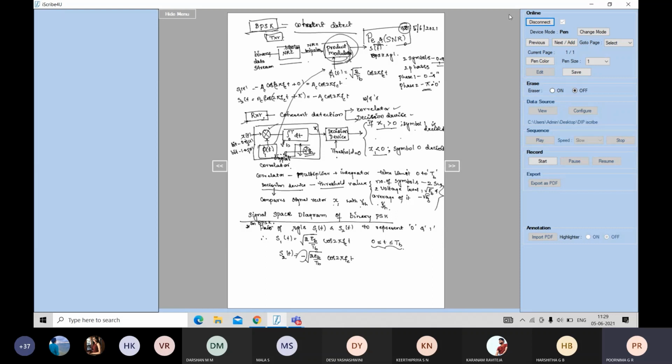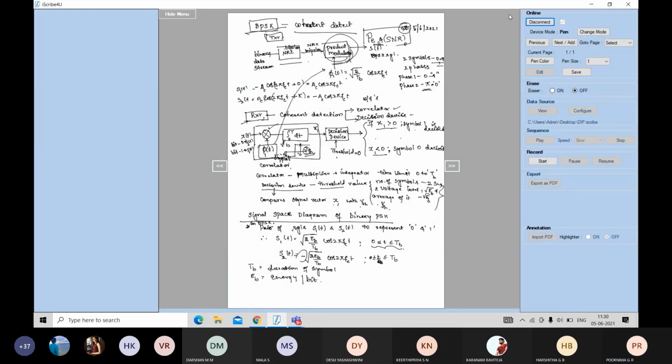Here TB is also limited between 0 to TB seconds only, and this TB is nothing but the duration of the symbol, and EB represents the energy per bit. That is what the EB representation is.